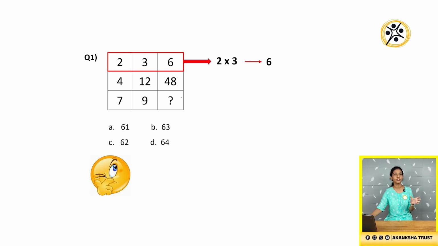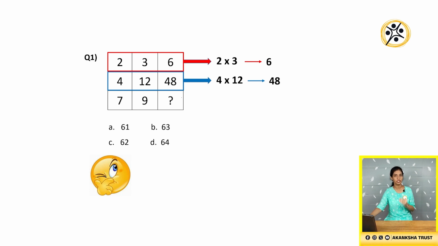So let us confirm this relationship by applying the same logic to the second row. We can see that when 4 is multiplied by 12, we get the product as 48. So the relationship has been established, that is the first entry in the column is multiplied with the second entry, and that product is the third entry in the matrix.